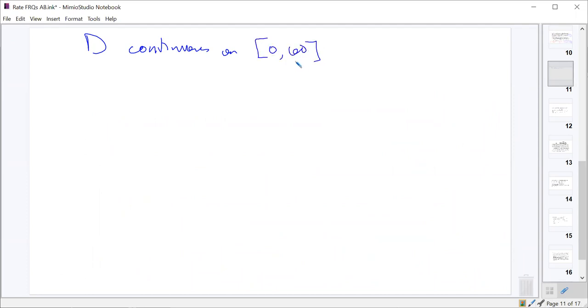And so then what we want to find out is if D changes values anywhere between 0 and 60, or if it goes from positive to negative. And so good places to check would be starting at D of 0 and where it ends at D of 60.